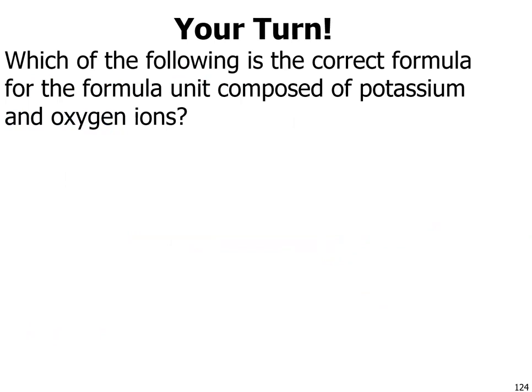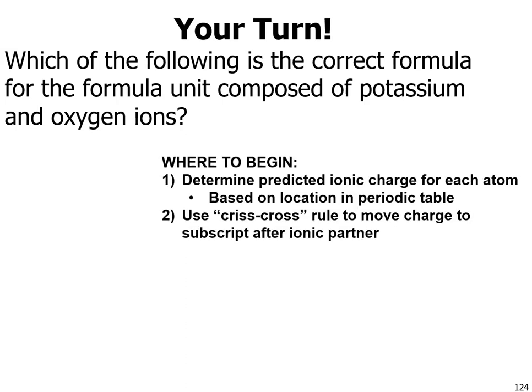Okay, your turn. I want you to look at which of the following is the correct formula for the formula unit composed of potassium and oxygen ions. Where do you begin with this? Determine what the predicted ionic charge should be for each of the atoms. Again, look at where it is located on the periodic table and use that to look at trends.